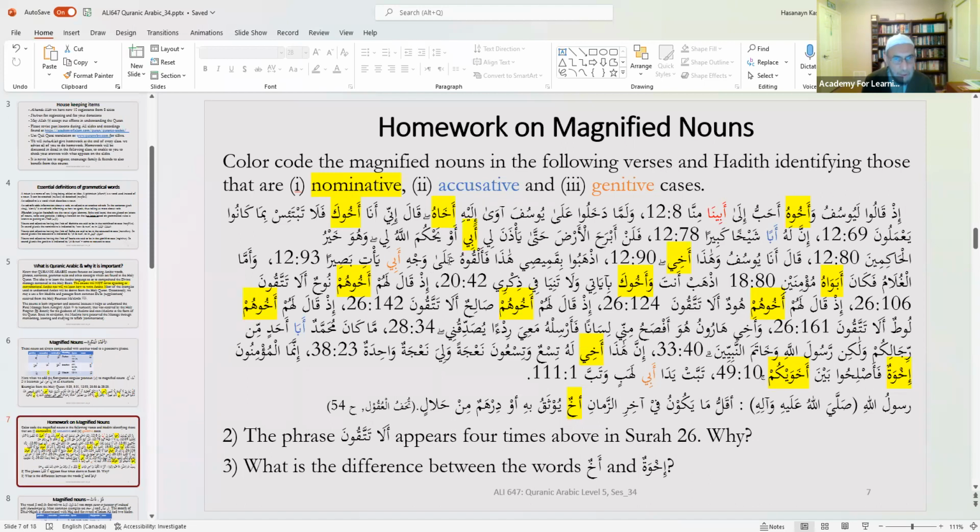Yes, this preposition ala brings kasra on the ha of wajhi. This ha is not a pronoun. This ha is part of the word wajhi, that is face. So ala is a preposition which brings about kasra on the ha of wajhi. But abi here is genitive because it is face of my father.